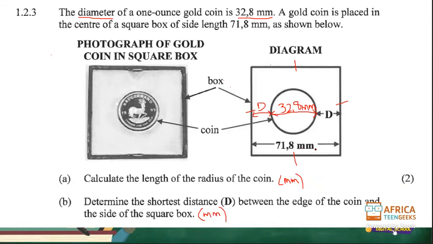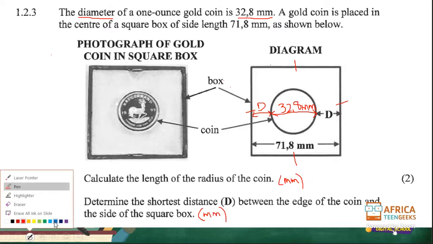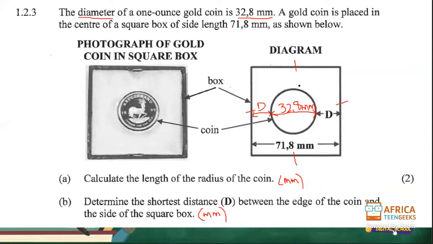So to get D, this is the complex way of doing the sum: D plus 32,8 millimeters plus D gives you 71,8 millimeters.